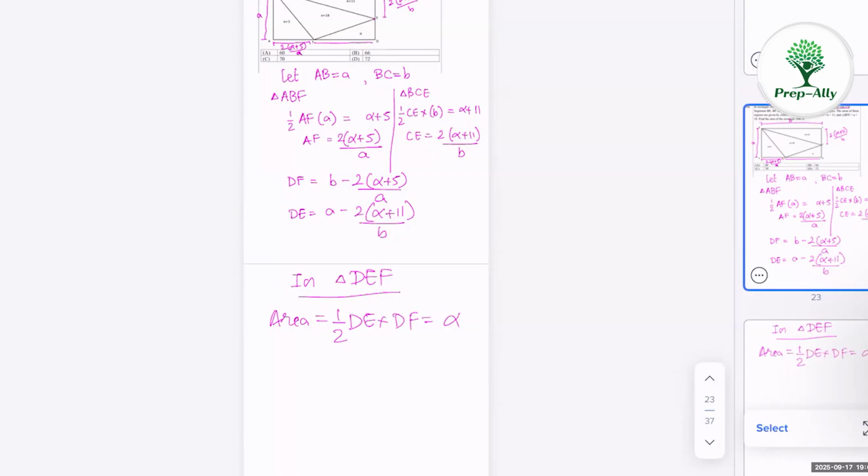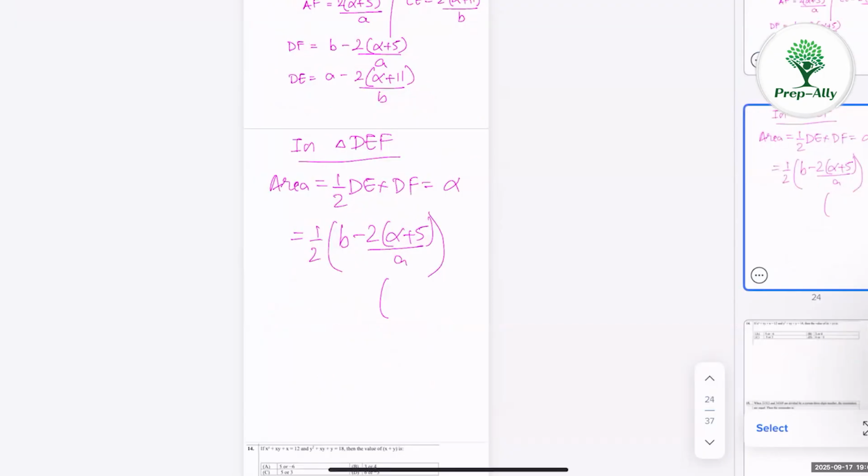So DE and DF we know, we just found here. So we can write this is equal to half into b minus 2 times alpha plus 5 by a into, just gonna write it a bit smaller.